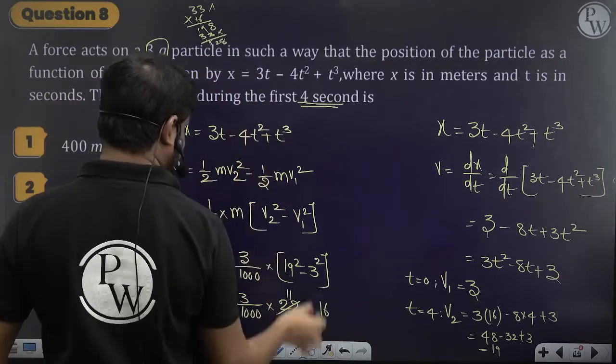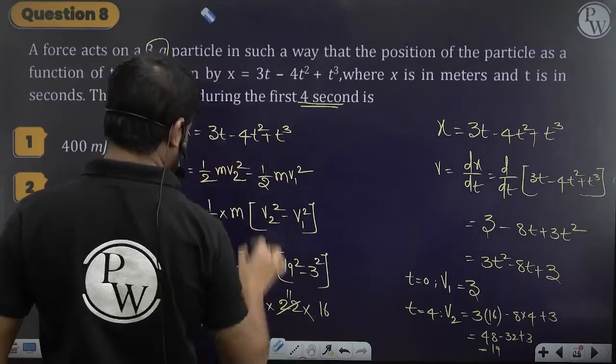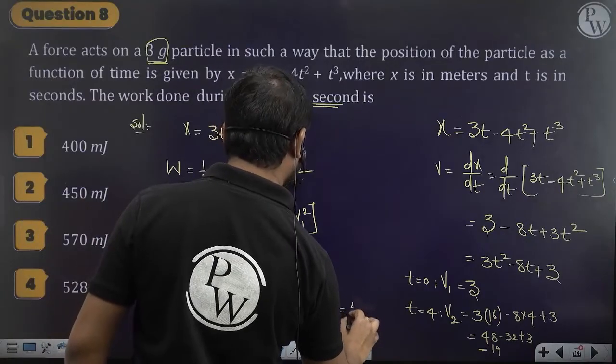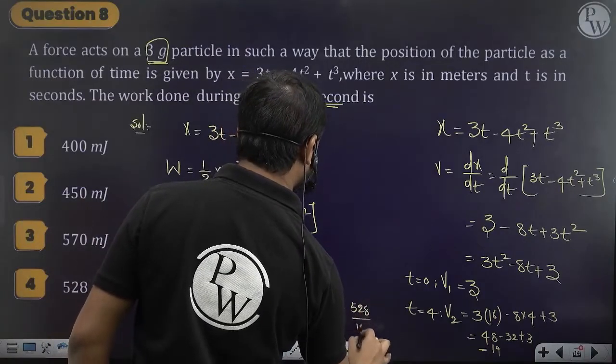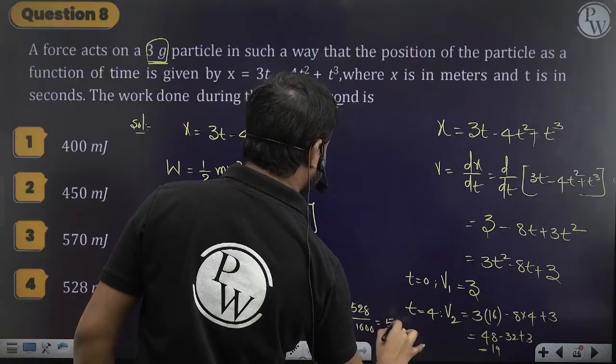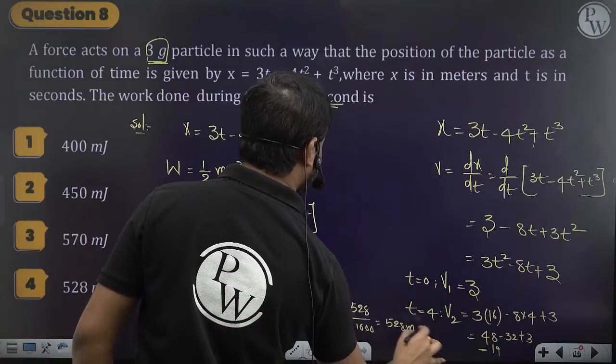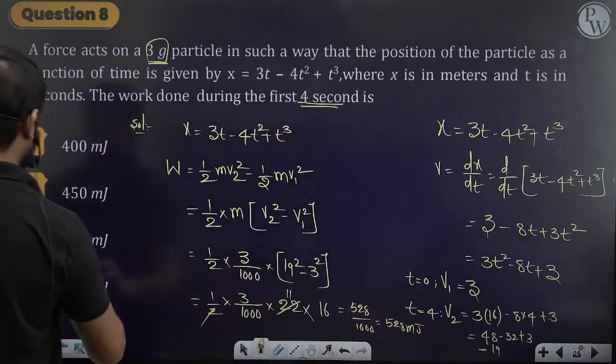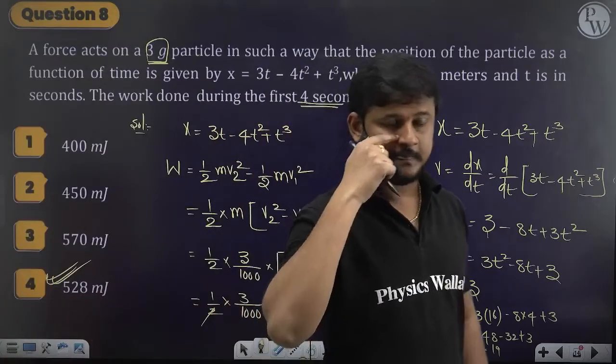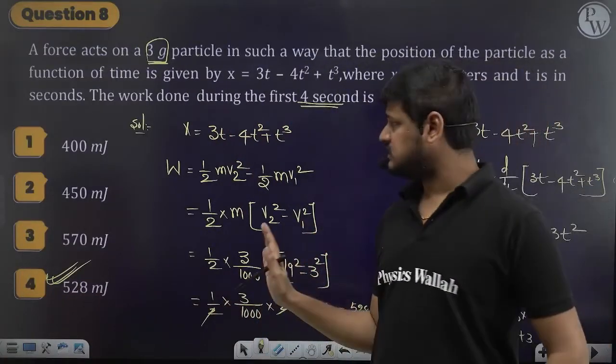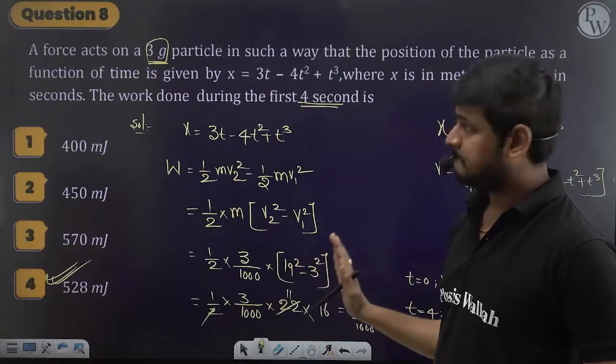So we are getting 528, right? If it is 528, we can write 528 by 1000, which is nothing but 528 millijoules. 528 millijoules is the correct answer. Option 4 is the correct one. Clear? Understood, guys, this part? Everyone? Sure.